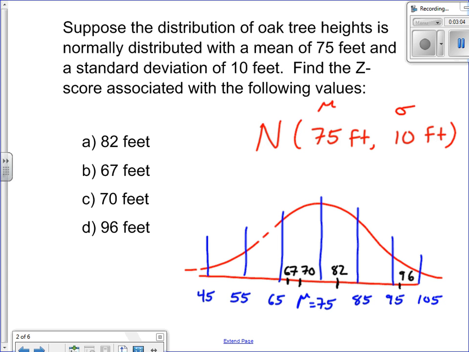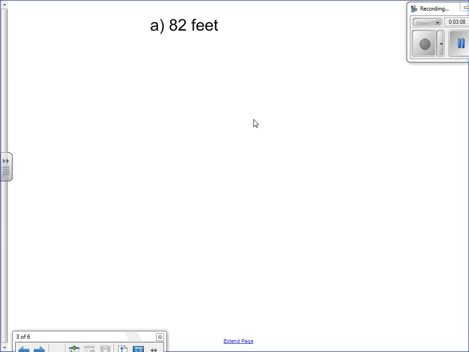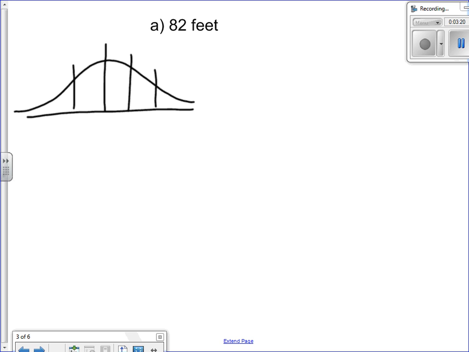So to calculate the z-score, here we are with 82 feet. A quick sketch, again, just to get the idea here. Our original mean was 75. I've also got this 85. We want to figure out how many standard deviations we'd be at about right there at 82 feet.